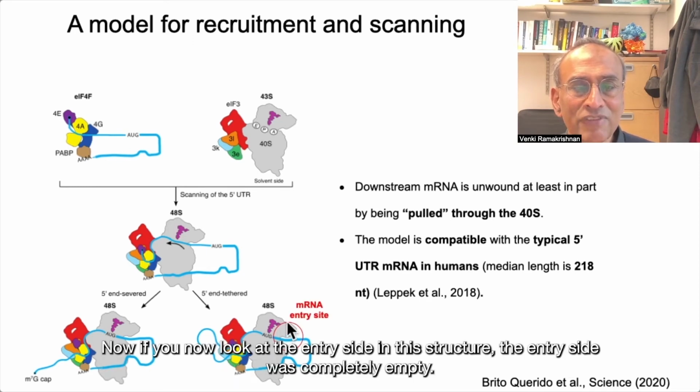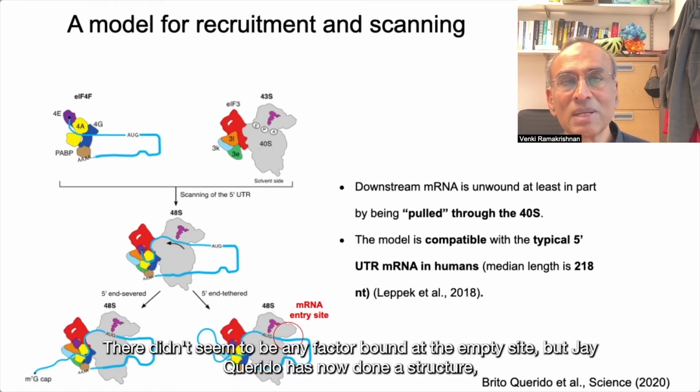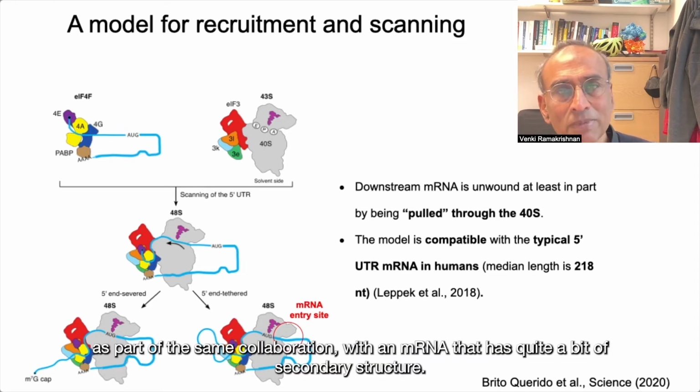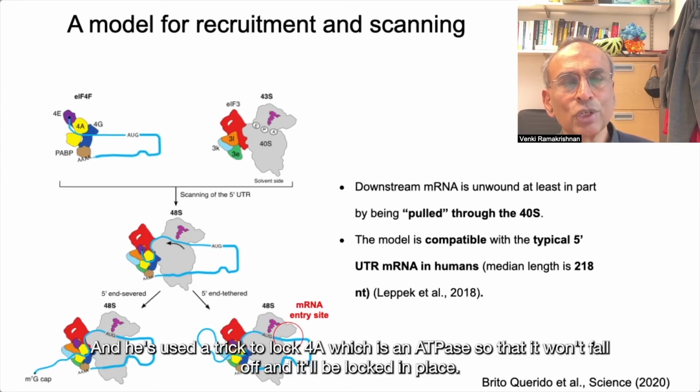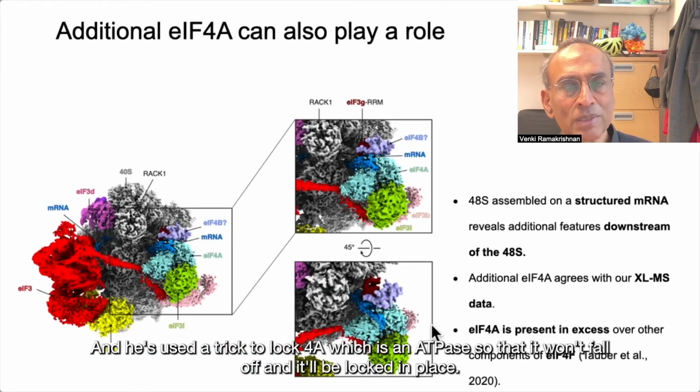Now, if you look at the entry site in this structure, the entry site was completely empty. There didn't seem to be any factor bound at the entry site. But Jay Querido has now done a structure as part of the same collaboration with an mRNA that has quite a bit of secondary structure, and he's used a trick to lock 4A, which is an ATPase, so that it won't fall off and it'll be locked in place.